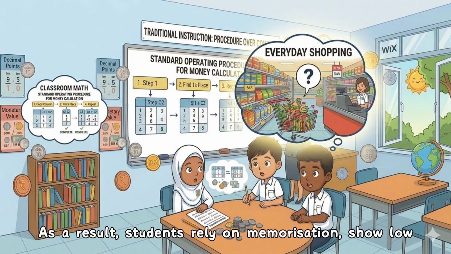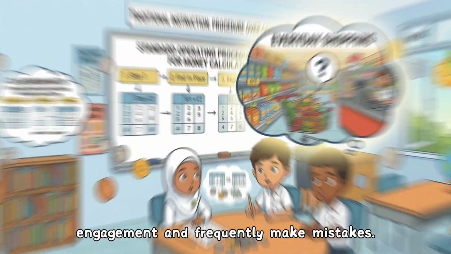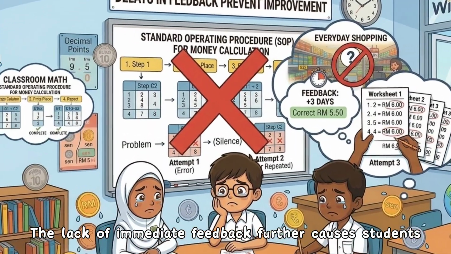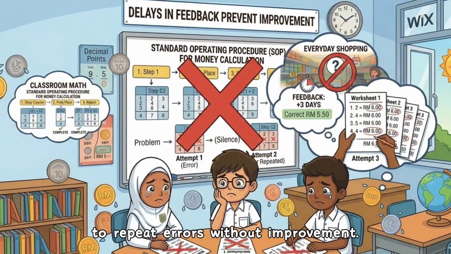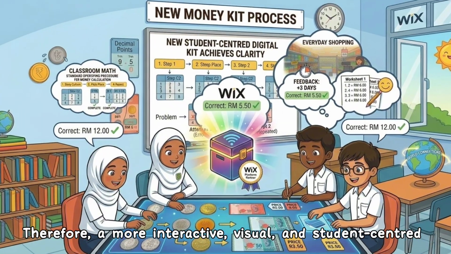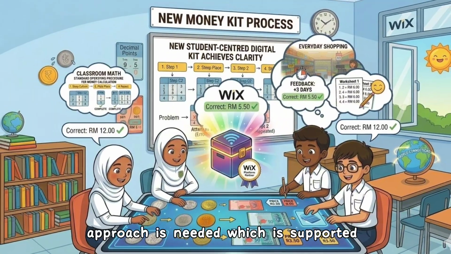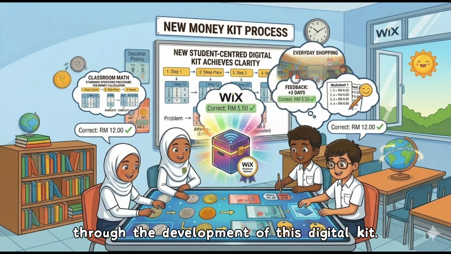As a result, students rely on memorization, showing low engagement and frequently making mistakes. The lack of immediate feedback further causes students to repeat errors without improvement. Therefore, a more interactive, visual, and student-centered approach is needed, which is supported through the development of this digital kit.